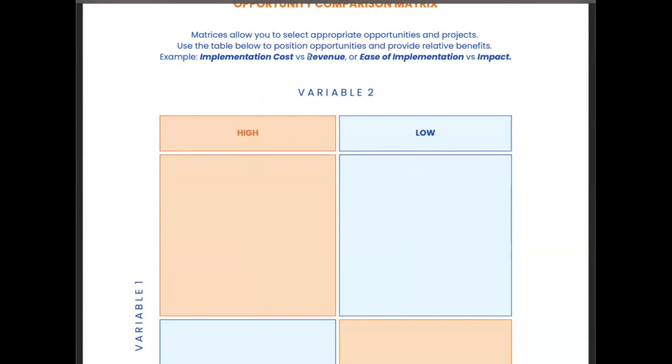So the importance of using a matrix like this is that you then have the opportunity to understand what is a value add in terms of your customer's desired outcome, right? So maybe they want more revenue. The example that Matt gave in the video is that if you build a surgical center, the implementation cost is high, right?